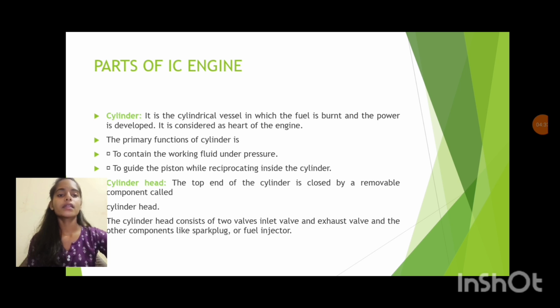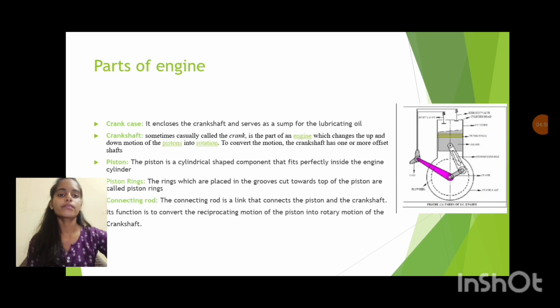Cylinder head: the top end of the cylinder is closed by a removable component called the cylinder head. The cylinder head consists of two valves, the inlet valve and the exhaust valve, and other components like the spark plug or fuel injector.